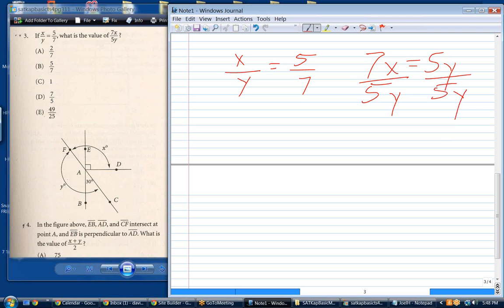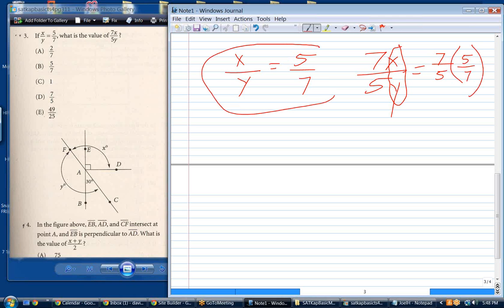1? Yep. Now the other way to do this problem would be, well, I know what this part is. It's 5/7. So what I'm really looking at here is 7 over 5 times 5/7.